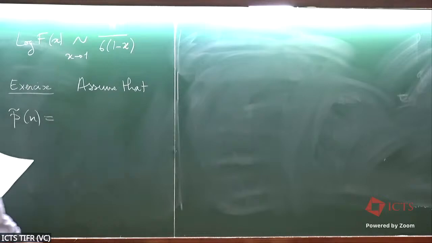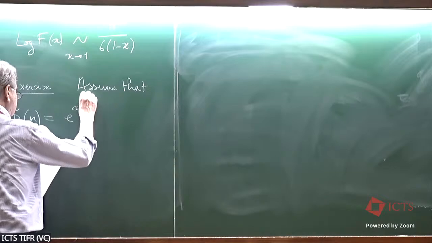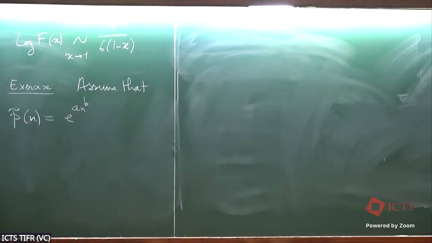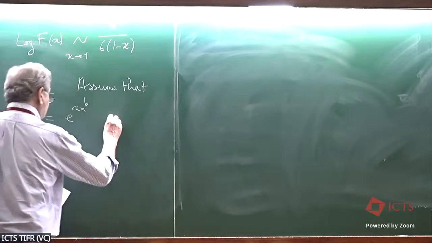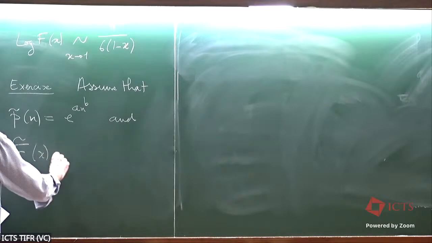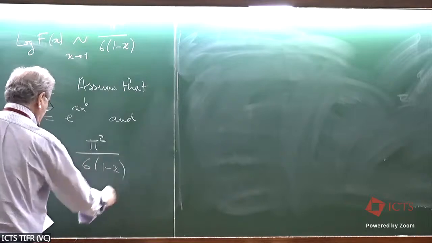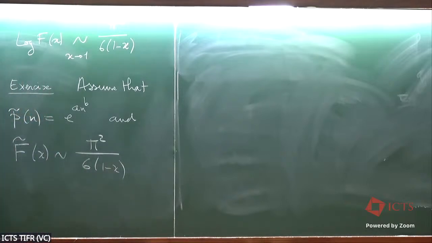So we are expecting something that is exponential of something smaller than linear, exponential of square root. And assume that you have this, and that the generating function, f tilde of x, is equivalent to pi squared over 6, 1 minus x. So here I give something that I know already, that this is very well defined.